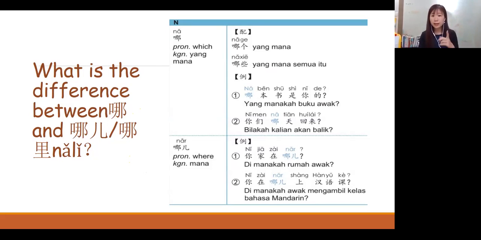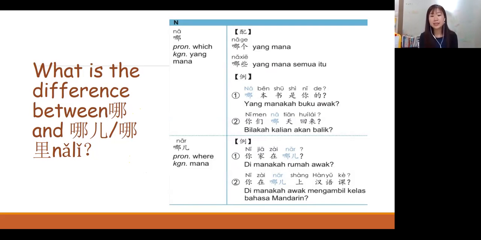Then you can use 哪里, which also means where. It's about a place. These two are very common when we want to ask where the place is.